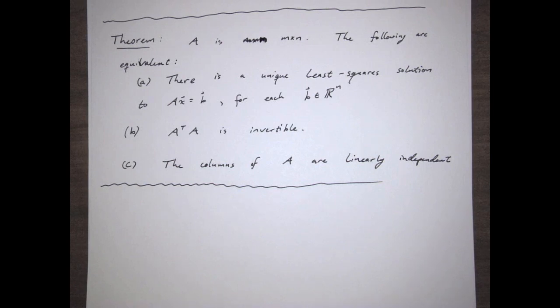And then according to the Gram-Schmidt process, we can construct an orthonormal basis for the same column space, and those make the columns of Q. And then we can find R, which is an upper triangular matrix with all positive entries along the main diagonal, such that Q times R equals A.